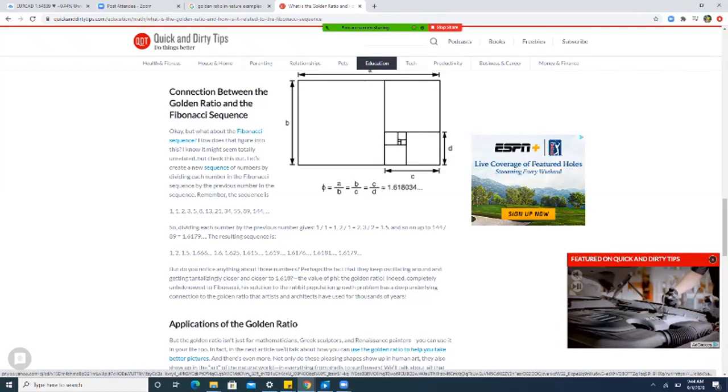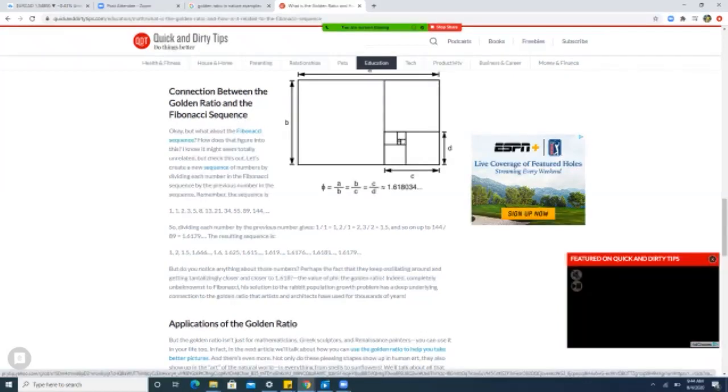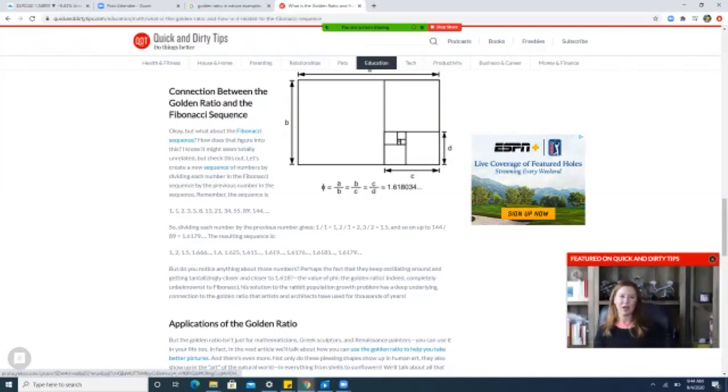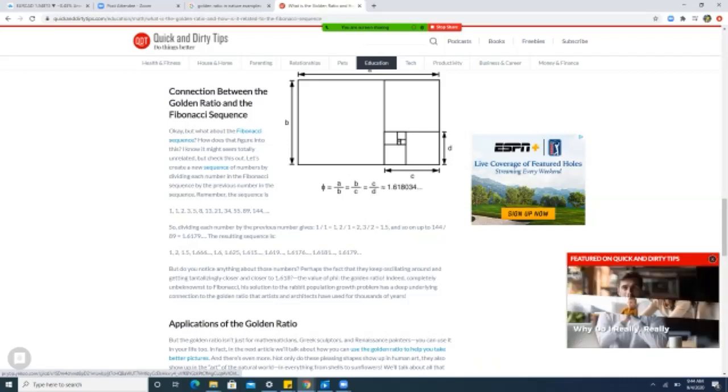Basically, they're saying if you arrange the components of the square and do a mathematical ratio of them, each one of these components, no matter which way you do it, is going to equal this ratio of 1.618. You see how it goes a little bit further. And it's a sequence that also comes with Fibonacci. So the golden ratio is one thing and Fibonacci is another, and this is how it comes together.